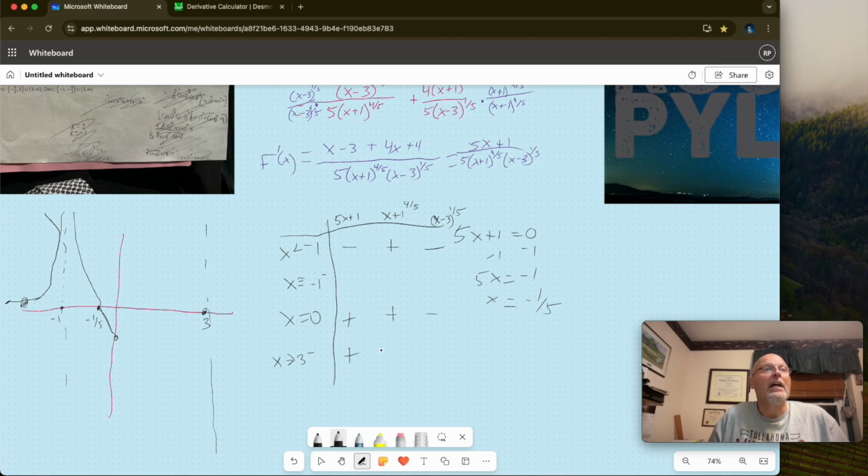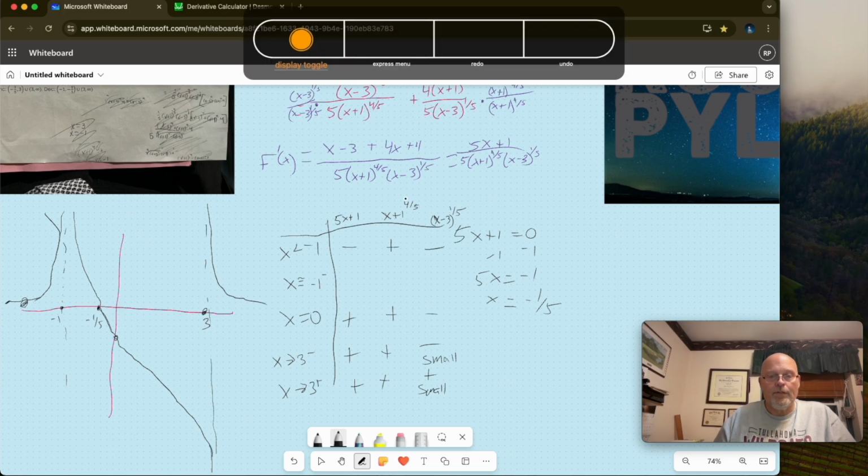So we will have positive, positive, negative, and small, which will drive that to negative infinity. And as x comes to 3 from the positive side, we're going to be positive, positive, and a small positive number, which will lead to infinity, and we'll do something like that going up.